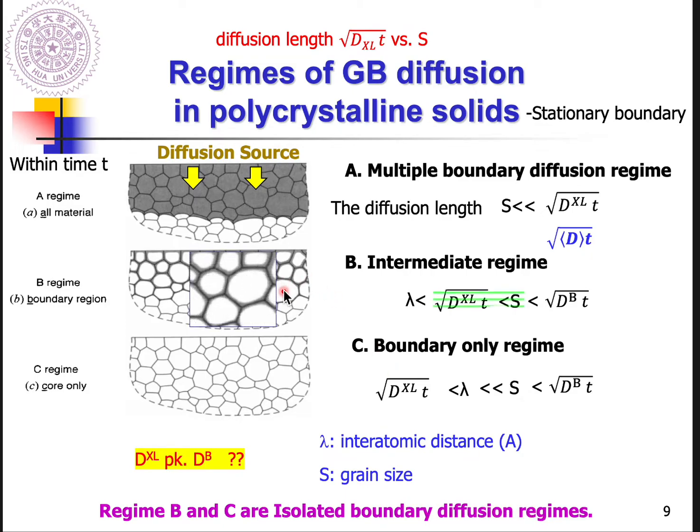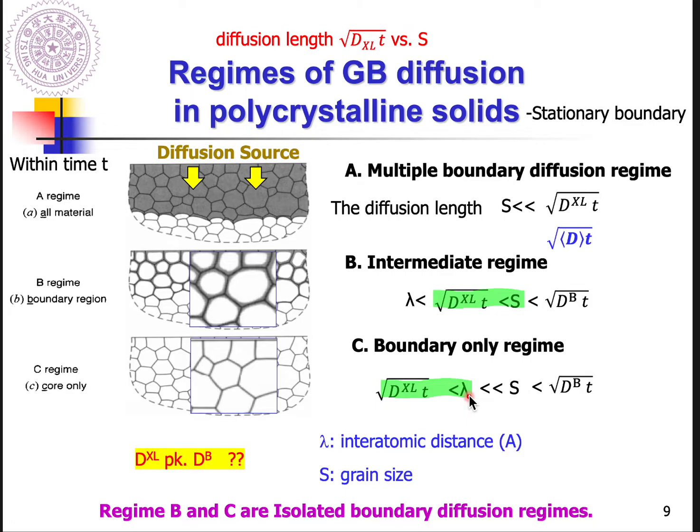And region B needs more effort here. The difference between region B and C is this: the diffusion length inside the grain is smaller than S, and in region C, S is smaller than lambda.